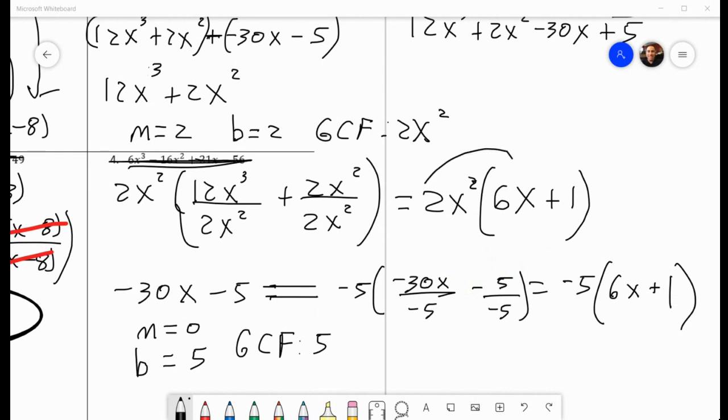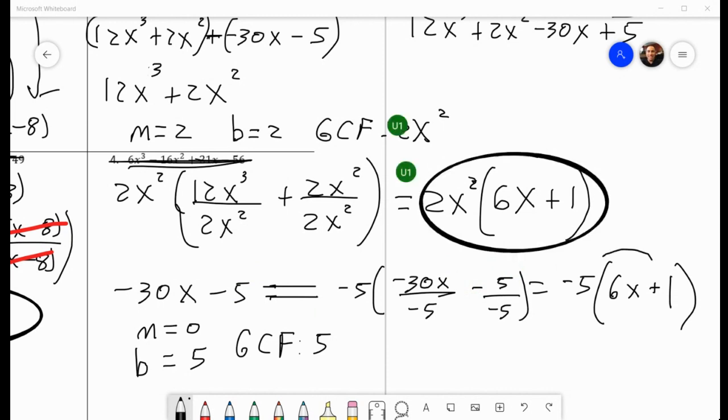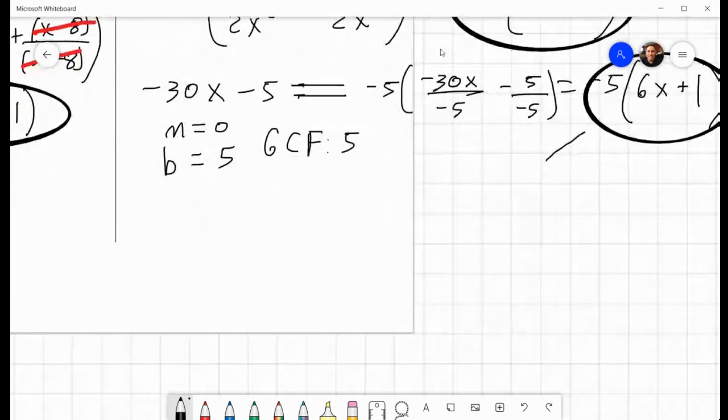And notice that when you factored, in each of these groups, we get a factor of 6x plus 1. That's good. That's what we want. So basically, altogether, we're running low on time, so let me just quickly finish this.